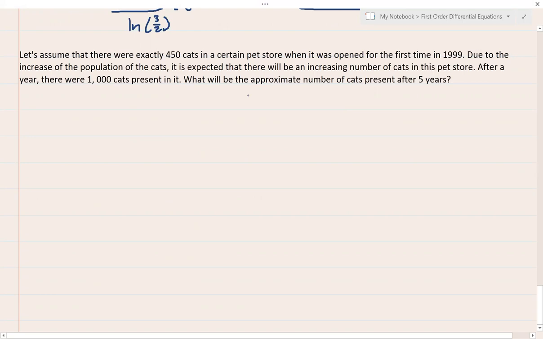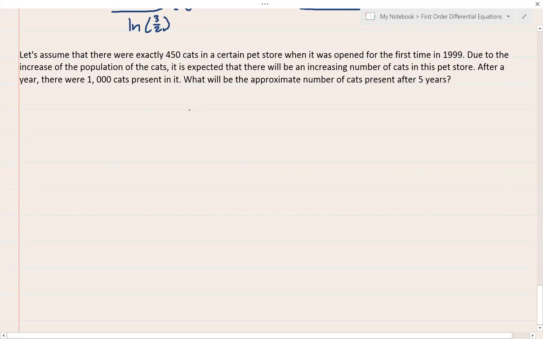Due to the increase of the population of the cats, it is expected that there will be an increasing number of cats in this pet store. After a year, there were 1,000 cats present in it. What will be the approximate number of cats present after 5 years?